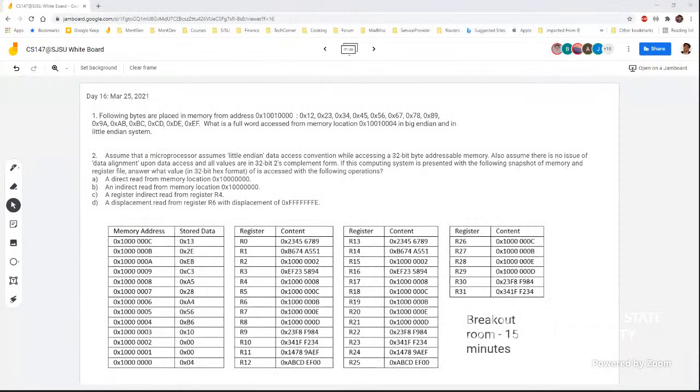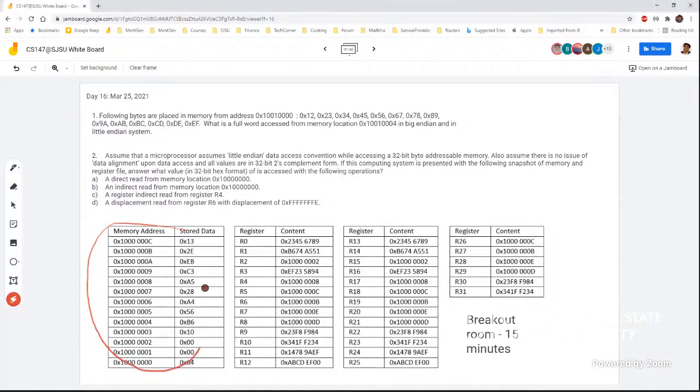Okay, then let me try. Share screen. Okay, so here we are. We have this information, right?